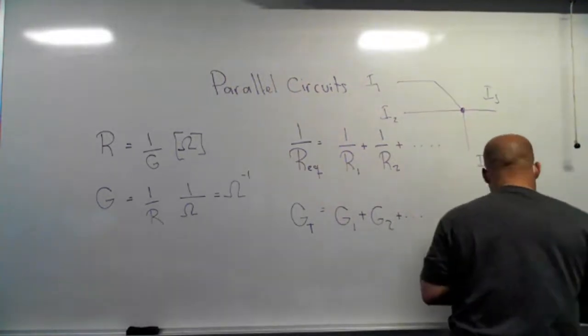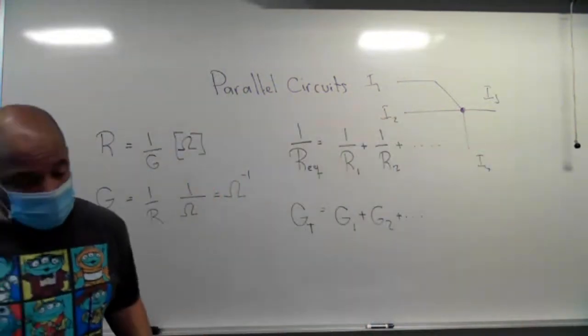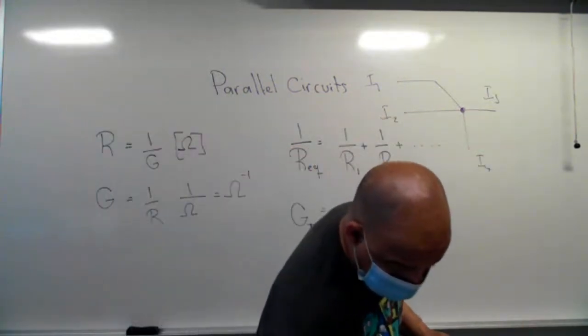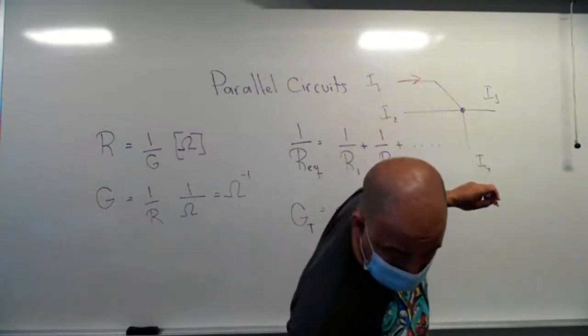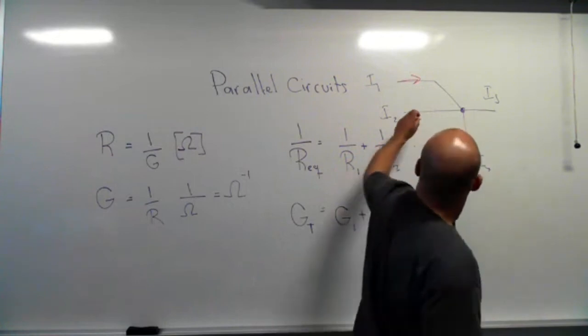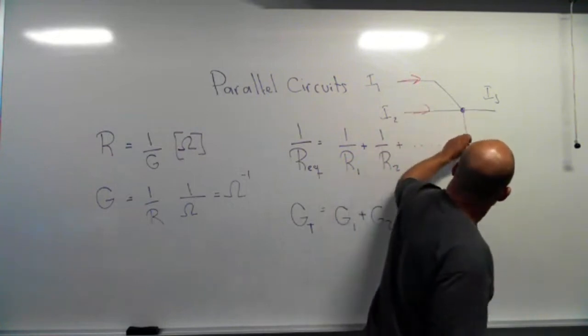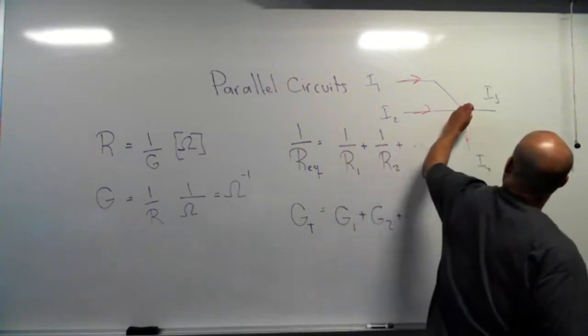They have those wires labeled that way. And then they're just showing directions. They're showing I1 going in like this, I2 going in like this, I4 is coming out, and I3 is going out.